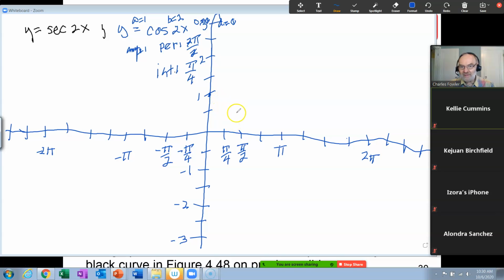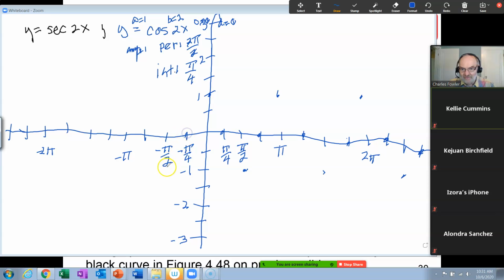It goes down at one interval, 1/4 of a period, down to 0, then down to minus 1, up to 0, up to plus 1, down to 0, down to minus 1, up to 0, up to plus 1, down to 0, down to minus 1, and up to 0. Obviously I didn't get my things going in the opposite direction.